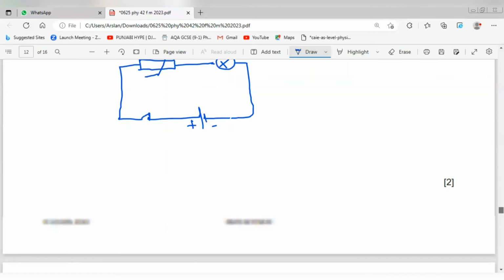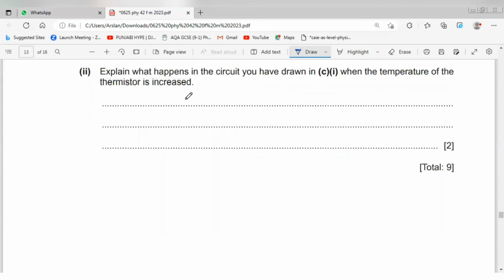Question C, second part. Explain what happens in the circuit you drew in C1 when the temperature of the thermistor is increased. You will get 2 marks if you write 2 points. When the temperature of the thermistor is increased, according to the definition of thermistor, the resistance will reduce. When the resistance is reduced, you know that the current is inversely proportional to resistance, so current will increase.